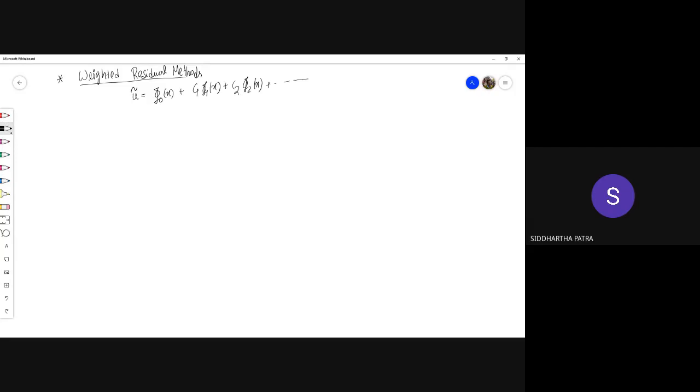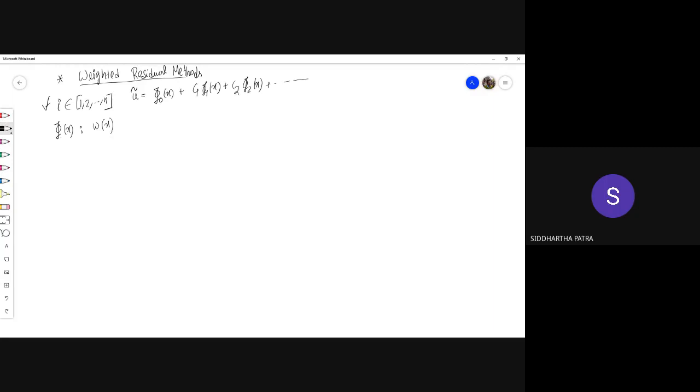Now, for all i going from 1 to n, associated to every function, think of another function which would be the weight. I'm not saying that these two are somehow related.